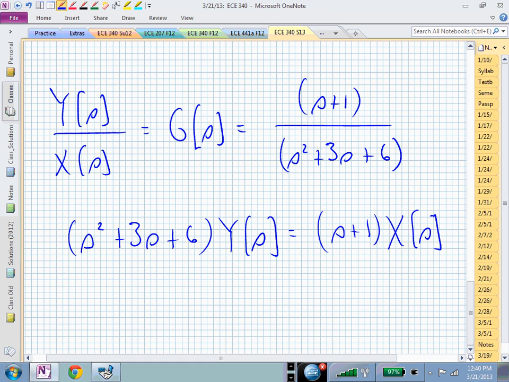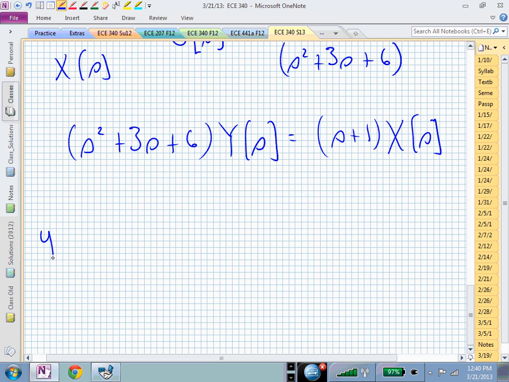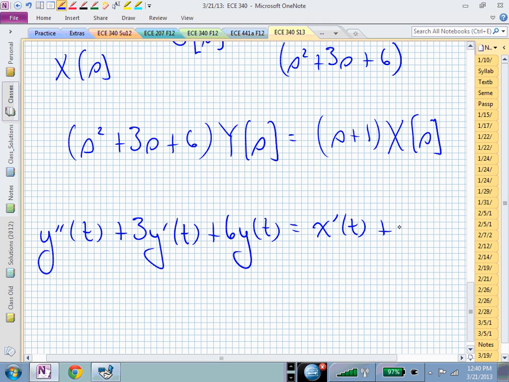Multiplying by s squared, that's two derivatives. This now says that we have a differential equation: y double prime of t plus 3y prime of t plus 6y of t is equal to x prime of t plus x of t.